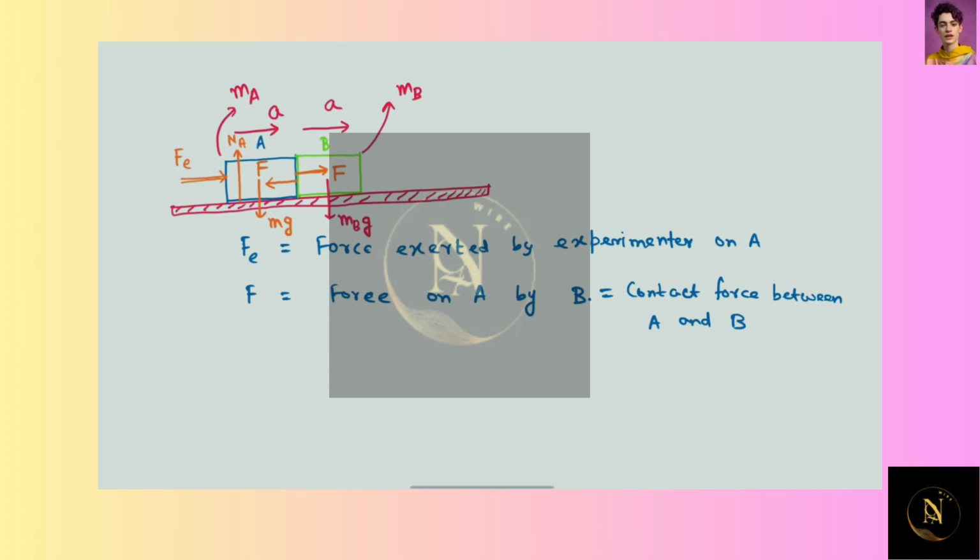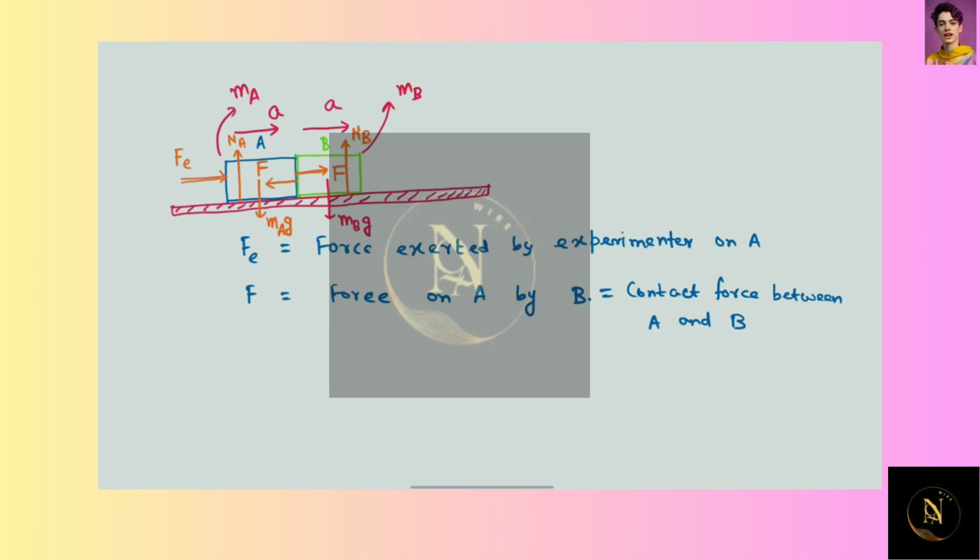Okay, sorry, I made a mistake. On A, the force due to gravity will be Ma into g, as its mass is Ma. Now on block B, what is the normal reaction force? That is, let's say, Nb. And then on block B, another force is F force, which is the contact force by A on B.